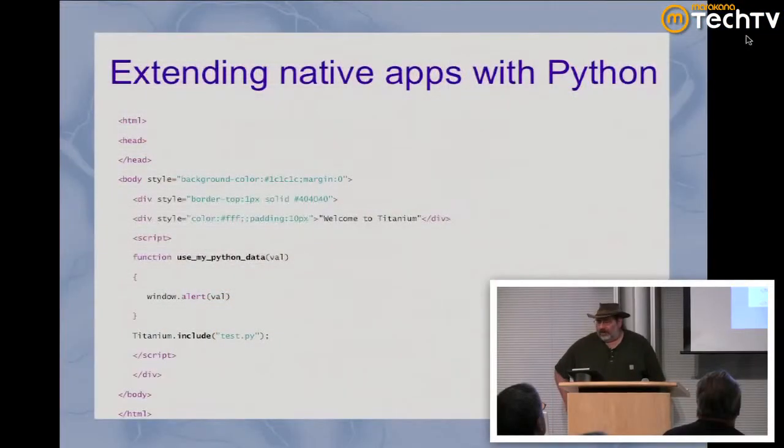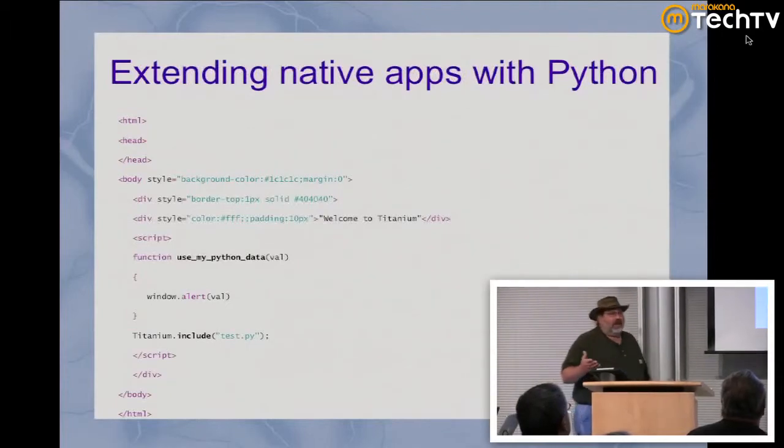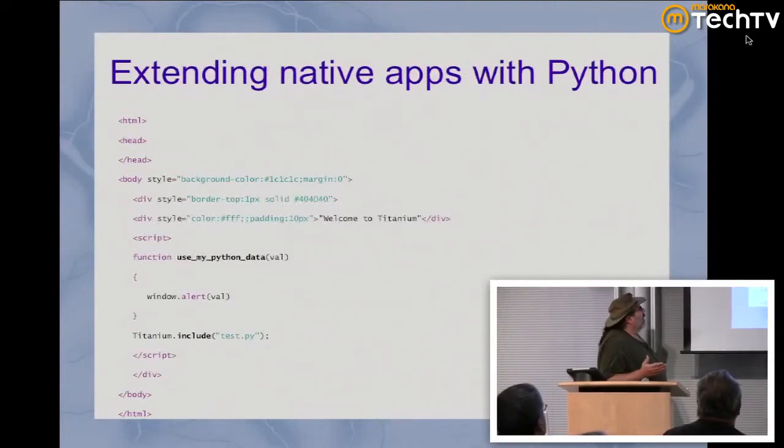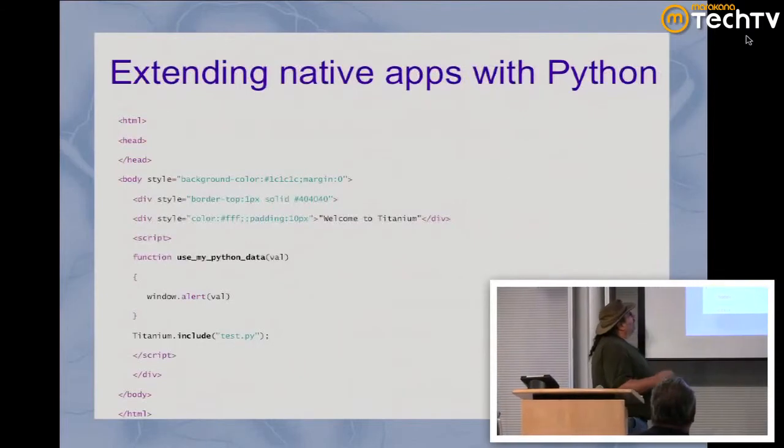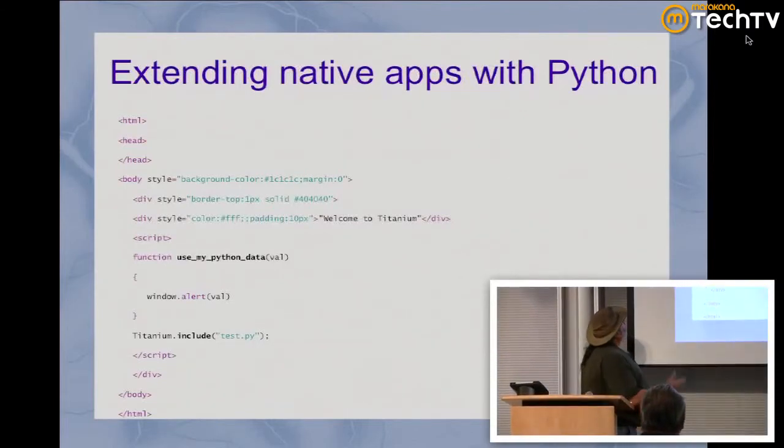But essentially, you can write applications for the iPhone or the Android, and using our SDK eliminates a lot of the low-level work. This is basically showing extending Python from a Titanium application from the index.html.